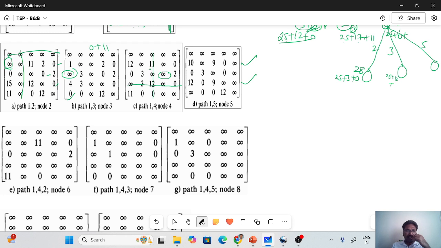Already this one is infinite earlier because we visited 1 to 4, so that's why 1 and 4. Now which node, which path? 4 to 3. So 3 to 4 we also set as infinite, already it is infinite. Then find the minimum. So what is the minimum here?